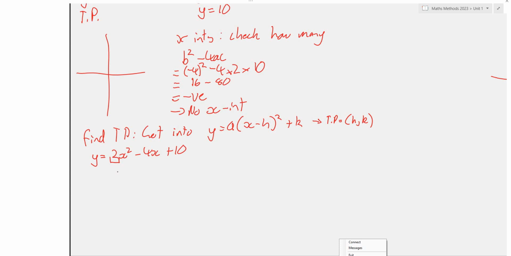No, we'll factorize out this one. So each of these has a factor of 2, guys. So I'm just going to pull 2 out of a set of brackets. When you factorize 2 out of 2x squared, what's left over? x squared. 2 out of minus 4x, minus 2x. And 2 out of 10 would give you 5. Okay.